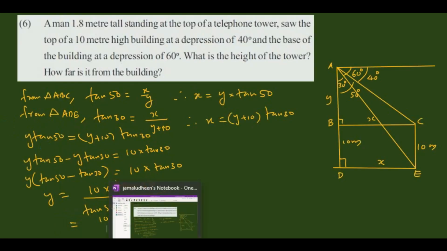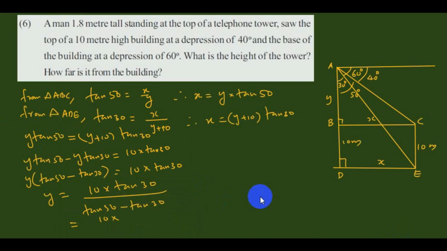Therefore, here it is 10 into 0.57 divided by 1.2 minus 0.57. How much is that? 10 into 0.57 will be 5.7 divided by 1.2 minus 0.57.